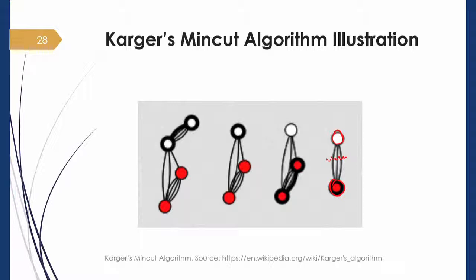Let us say this super node comprises the set S, and this super node comprises the set V minus S. Our claim, of course, is that the cut induced by S and V minus S will in fact be the minimum cut with probability at least 1 over n choose 2. The proof of this claim we will study in the subsequent segment.